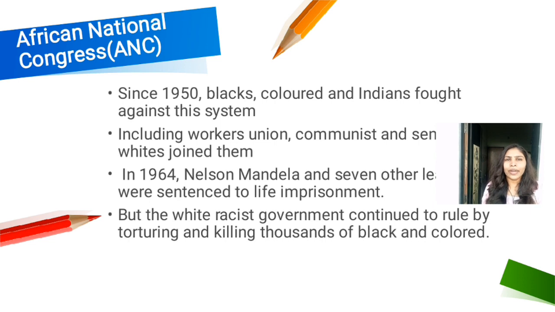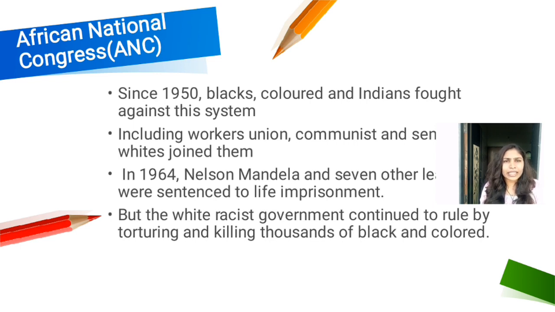He had already become a known leader over there. Since 1915, blacks, coloreds and Indians fought against these systems, which includes workers' unions, communists and the sensitive white people who had joined this.